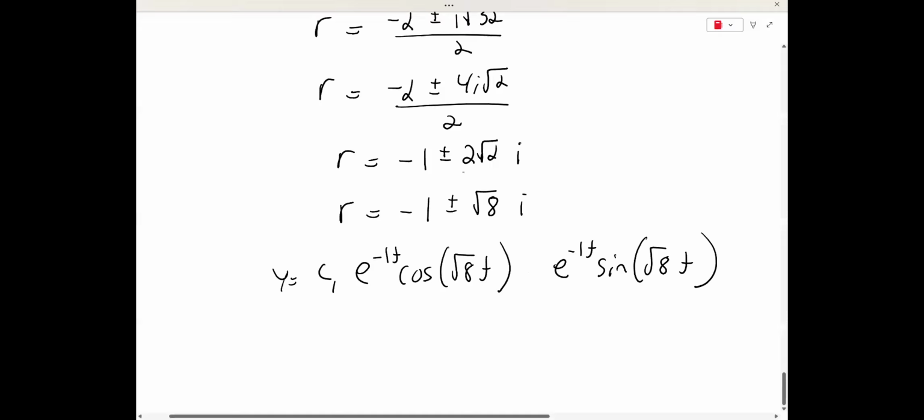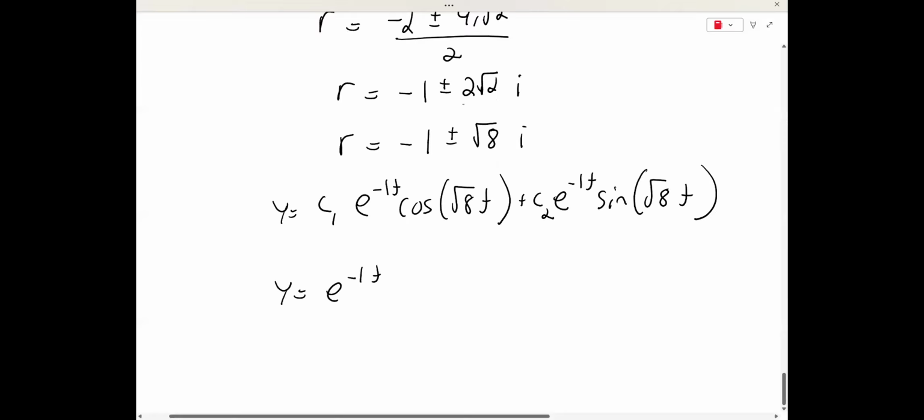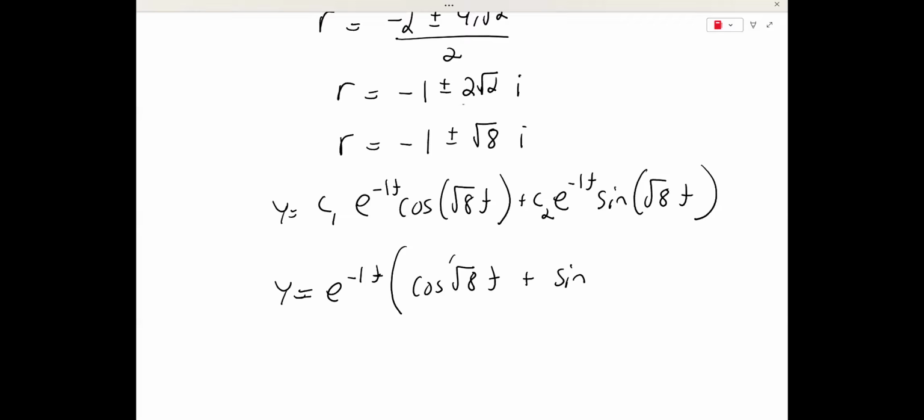Actually, I'm just going to factor out the e there, so I can say e to the negative 1t, and it might be easier like this: then C1 cosine square root of 8t plus C2 sine square root of 8t. Oh, I forgot the C's again. C1 and C2 here.